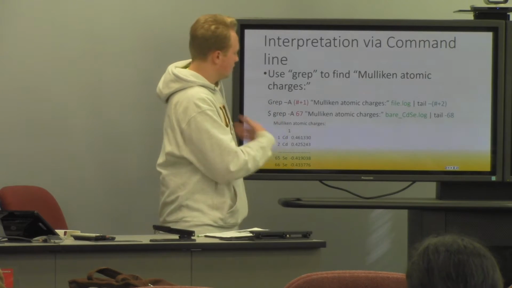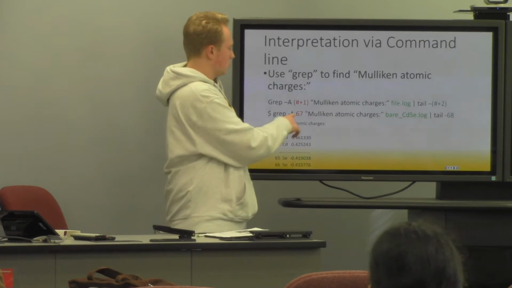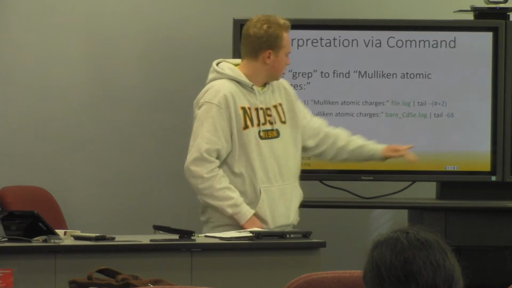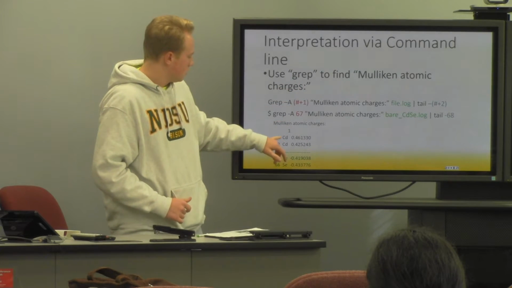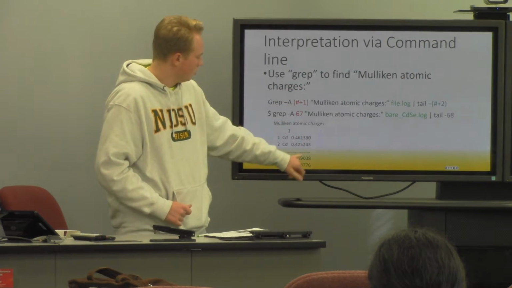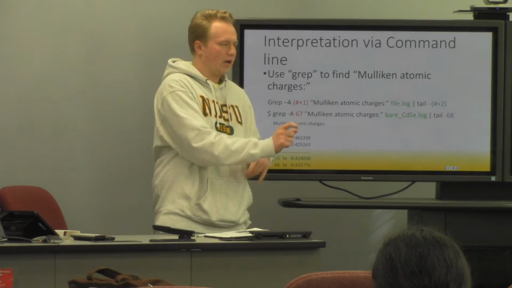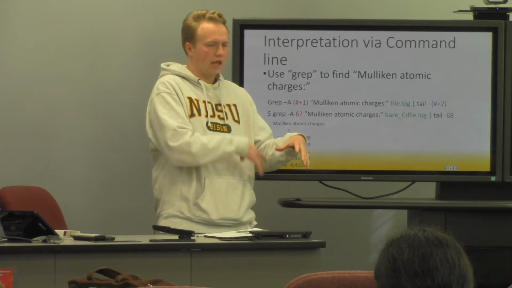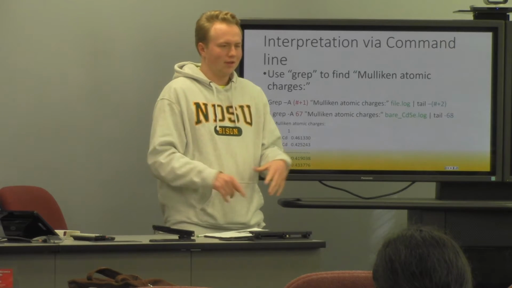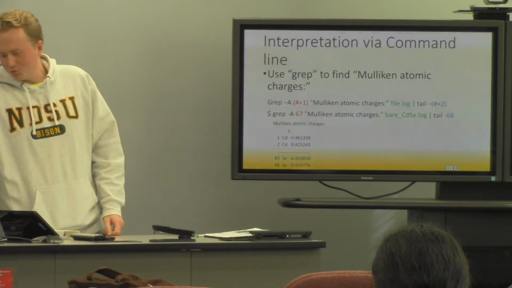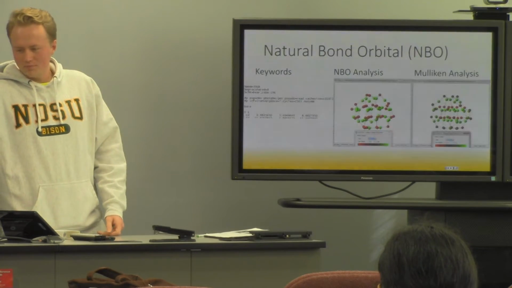So for my system, I have 66 atoms, so I do 67 and 68, and then it gives the atoms and then the Mulliken charge. So then, if you know which atoms are for your core, you can average that, you can do different things with it, and that can be helpful.